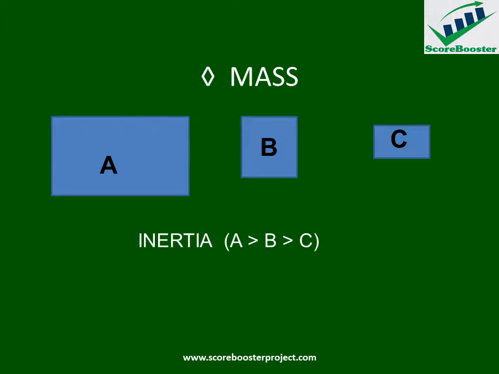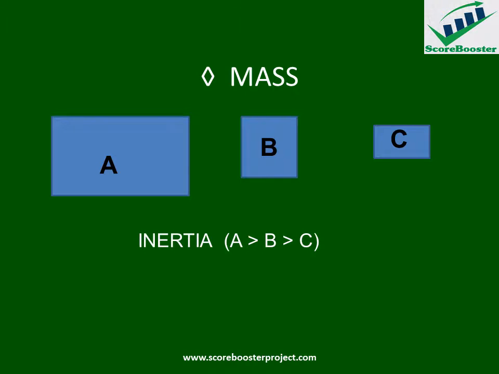Now let's consider this, illustrating with mass. These are three different objects with different sizes, and therefore they have different masses. Object A has the largest mass, followed by B and C, and the inertia of an object is determined by the mass.